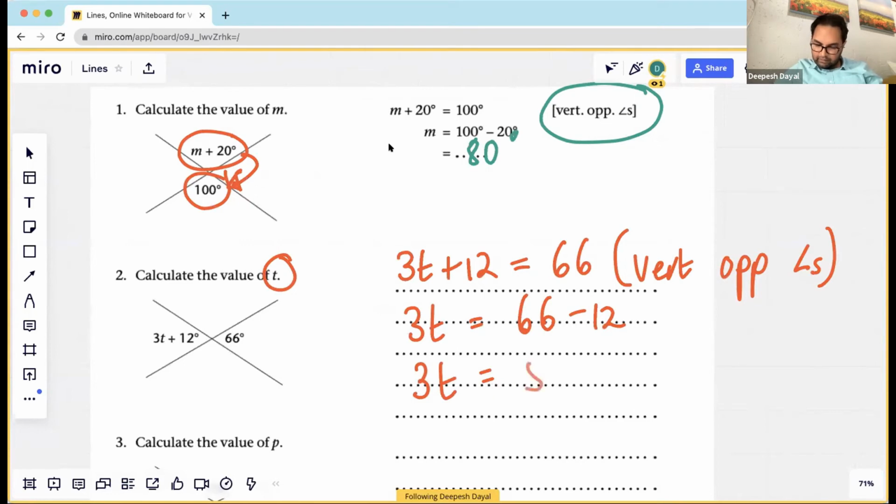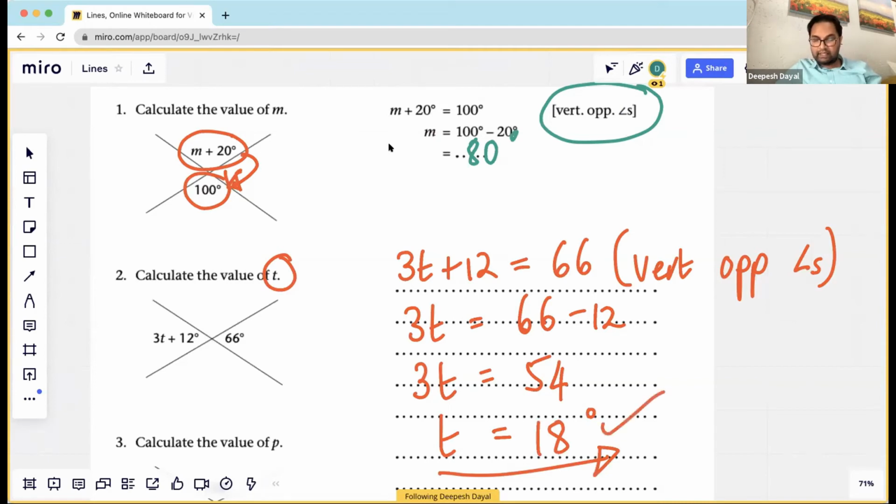Then 54 divided by 3, which is 18. Yes, sir. Yes, everybody got this? Yes, sir.